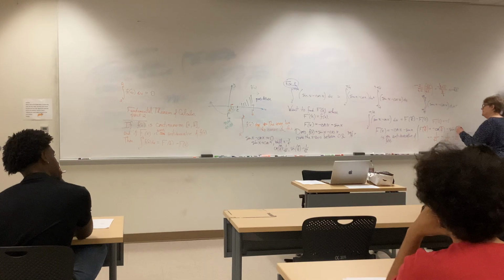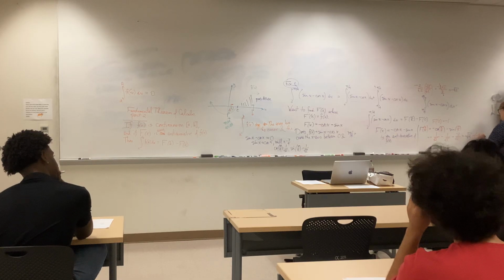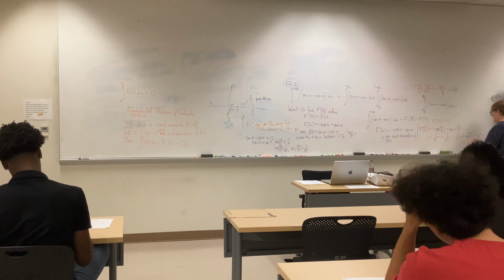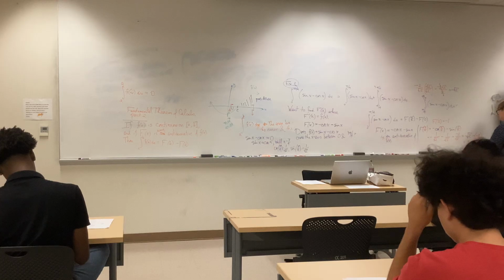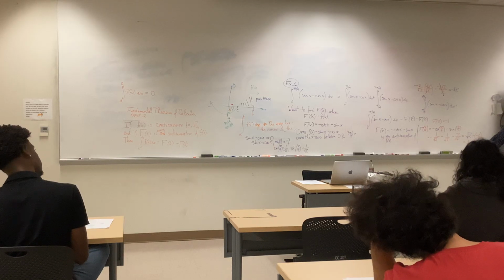Good. So we have negative root 2 minus negative 1. And if you want, we can put the 1 in front. 1 minus root 2. Is this still a negative number?